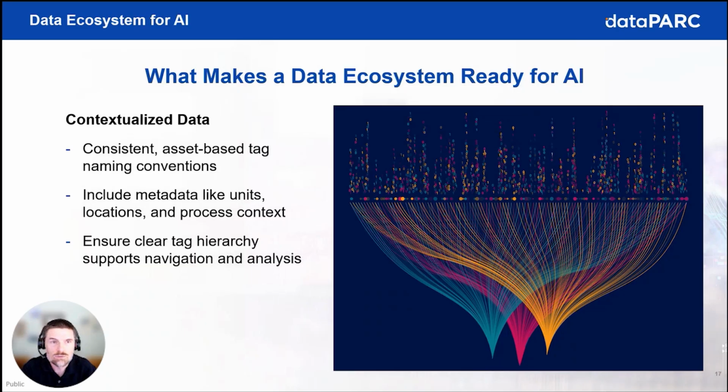The other thing that's really nice about a contextualized data model is you can include metadata. So these are not necessarily variable tags from your automation system, but maybe they're just items you store in that data model, like materials of construction for pieces of equipment or sizes of equipment or things like that, that can then also feed into an AI model to help determine relationships between different types of assets and how they perform.